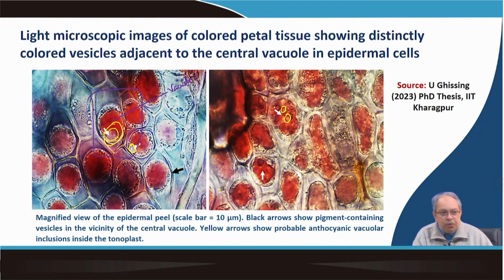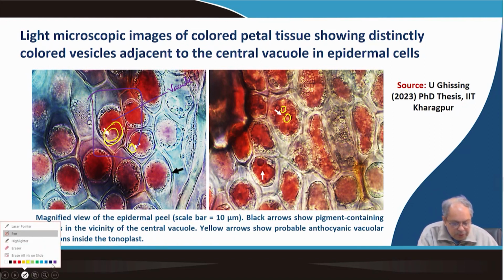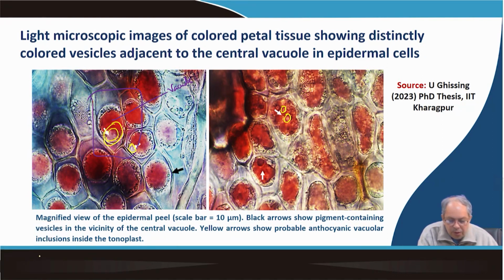So it is possible to see this under high resolution, and in addition to that there are other bodies such as these things, which are basically present in the periphery of the vacuole.